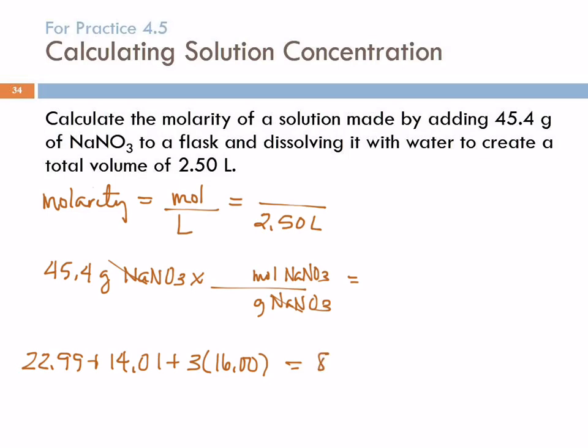It's one of those funny ones that comes up 85. Does that only have 2 sig figs? Or is it an exact number because I got a whole number on my calculator? Well, where did this number come from? It came from adding these together, right?